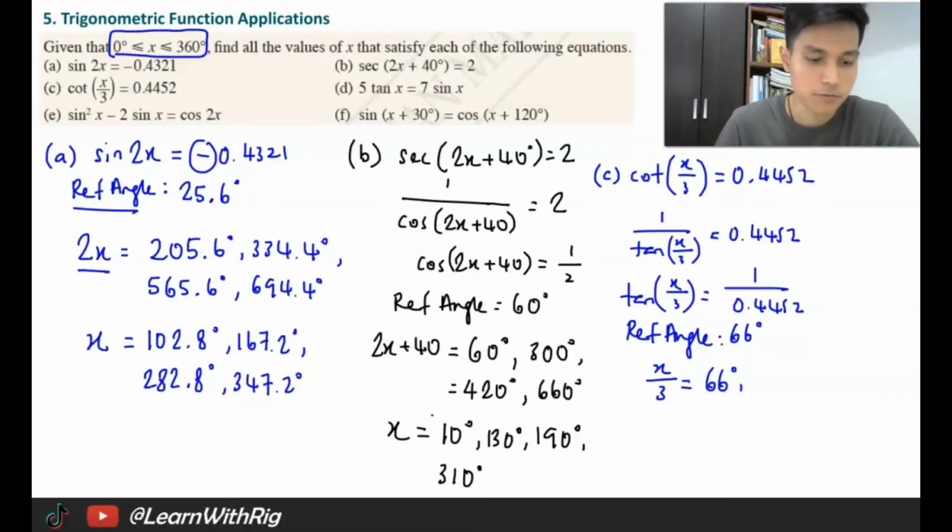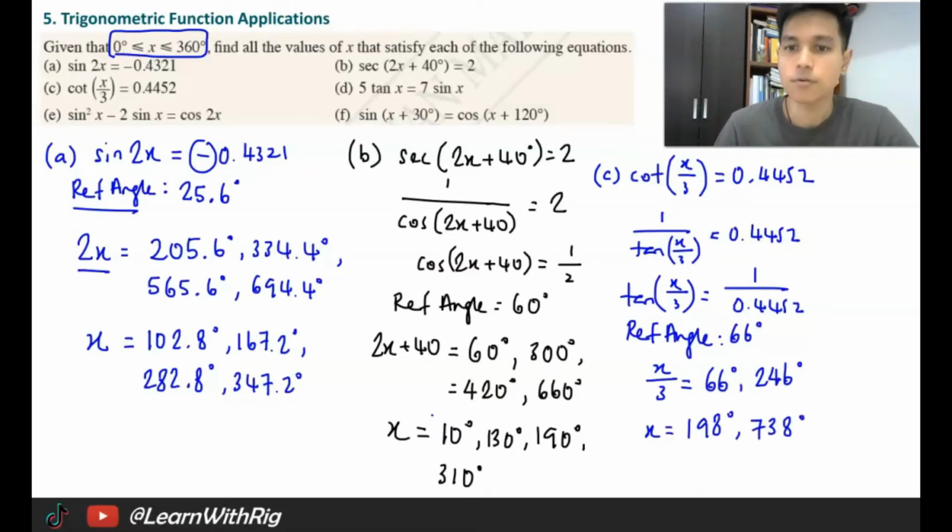You should get 246. Okay, so you're not done yet. You have to multiply by 3 because you want to find the x value, right? So x equals, just times 3, you should get 198 and 738.